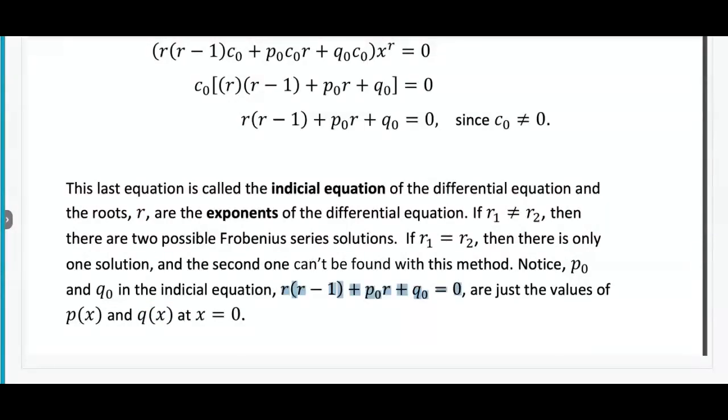So this is new to us: R times R minus 1 plus P naught R plus Q naught equals 0.